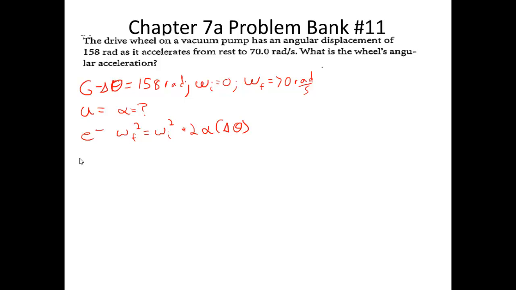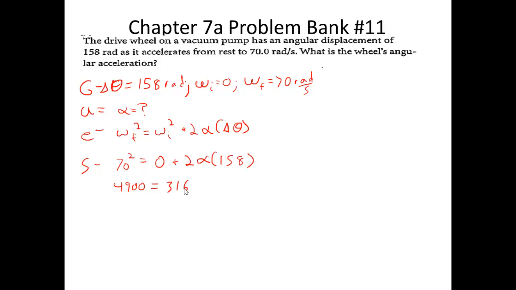Substituting in, we have 70 squared is equal to 0 plus 2 alpha 158. 70 squared, 4,900, is equal to 2 times 158, which is 316, alpha.